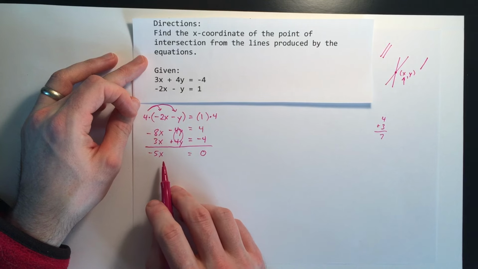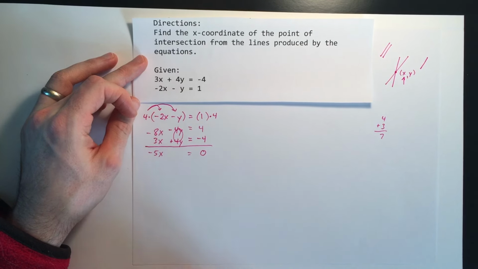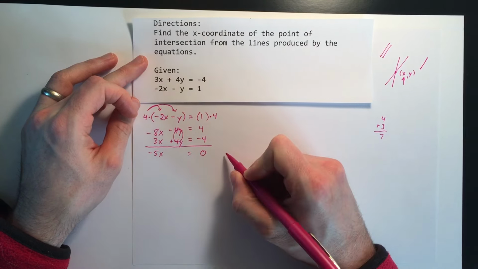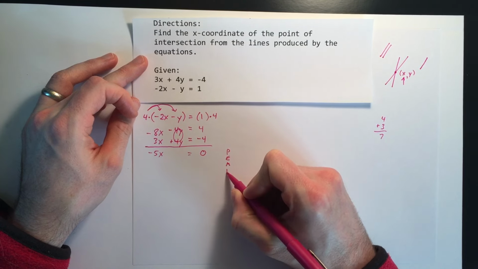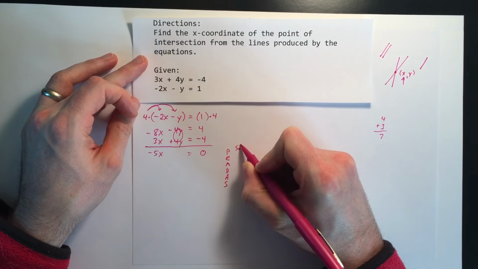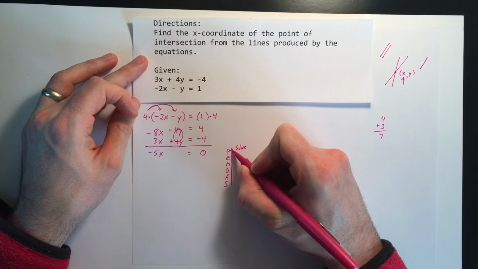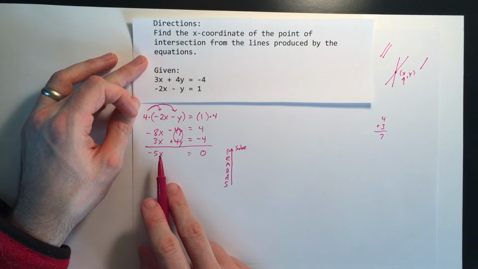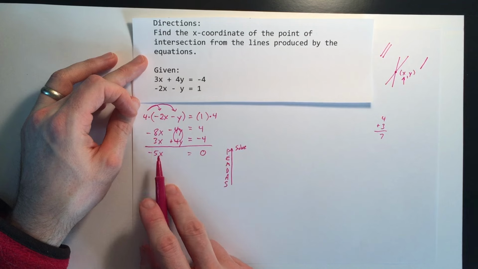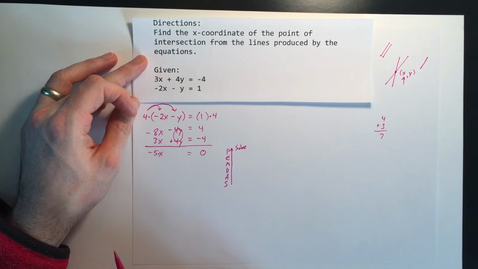Now that I just have one variable in this equation, I can solve it. I can solve it for x. So here's where I use PEMDAS backwards. Whenever you solve, use PEMDAS backwards, order of operations backwards. And I say what's happening to the variable, what's happening to x. It's being multiplied by negative 5.